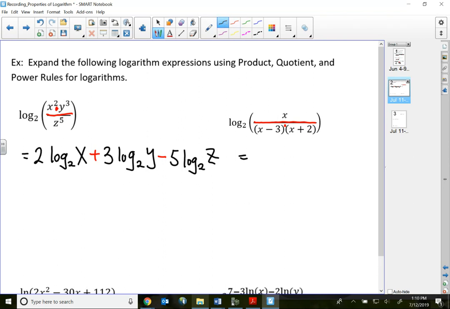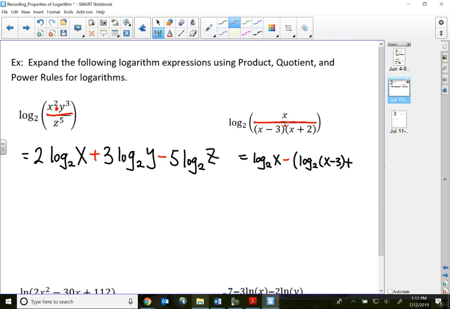So this is going to be log with the base 2 of x minus, okay? Now, I got to be very careful. There are two factors here in the denominator, which will come after the subtraction. So I'm going to put them in the parenthesis and say this is log with the base 2 of x minus 3 plus, right?